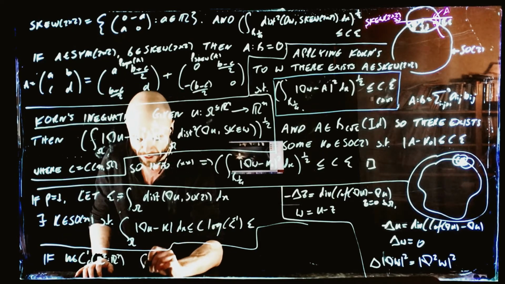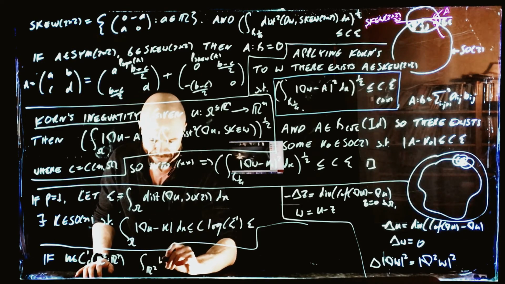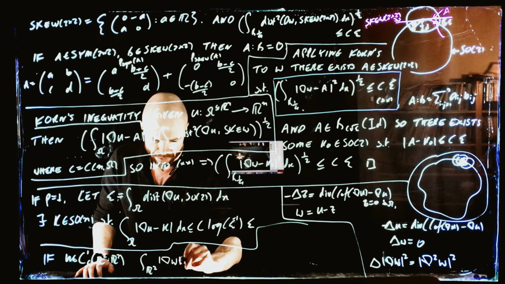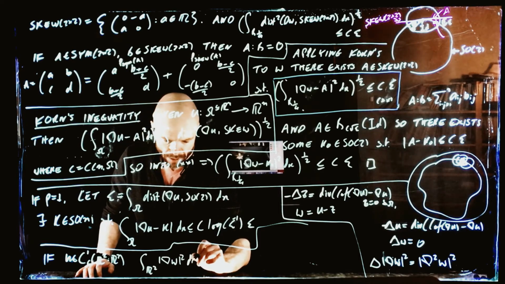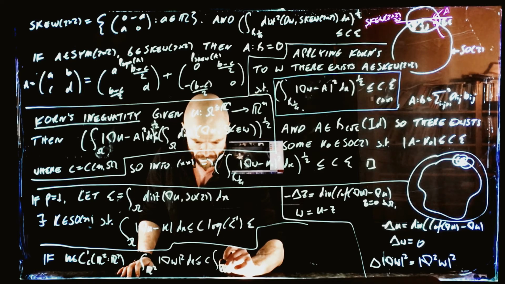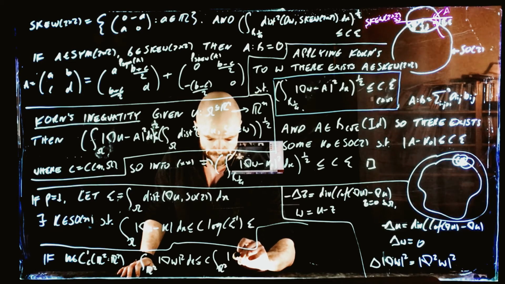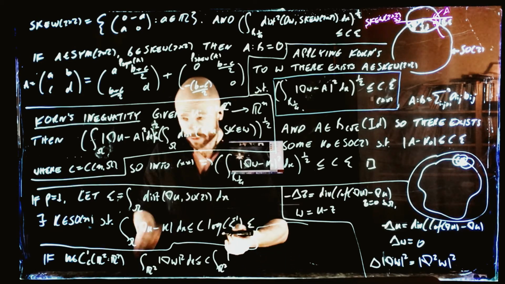then the integral over the entire domain R2 of the gradient of u squared dx is controlled by a constant times the integral over R2 of the norm of the distance away from the skew-symmetric matrices.